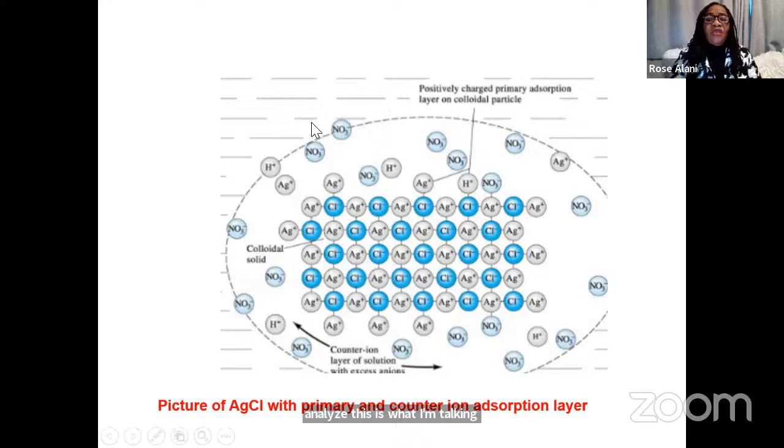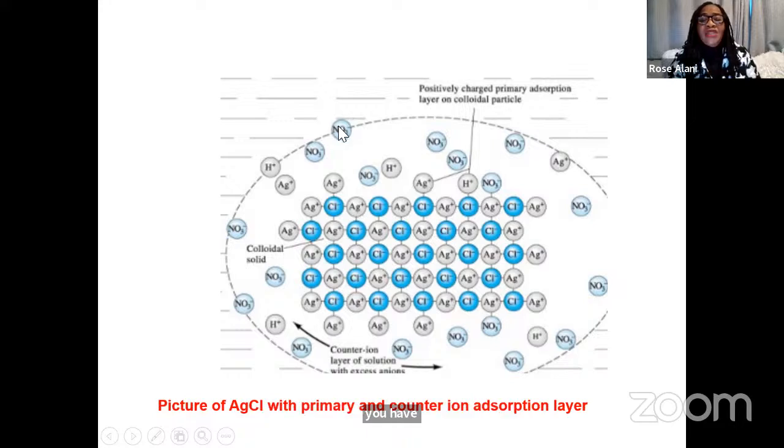So in this case, if you have more of the nitrate at the primary layer, or let me use the silver there, you have more of the nitrate and you have your silver there.